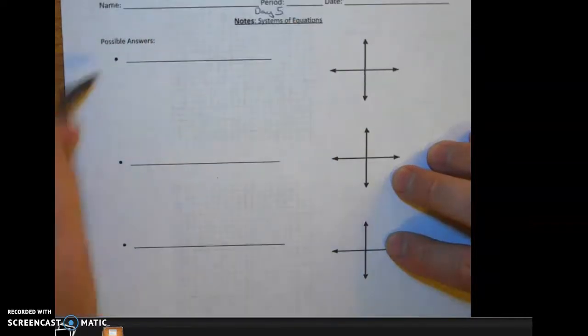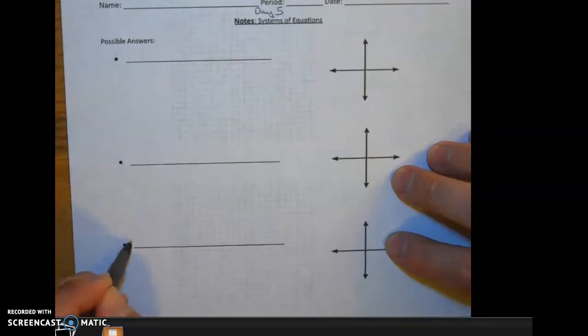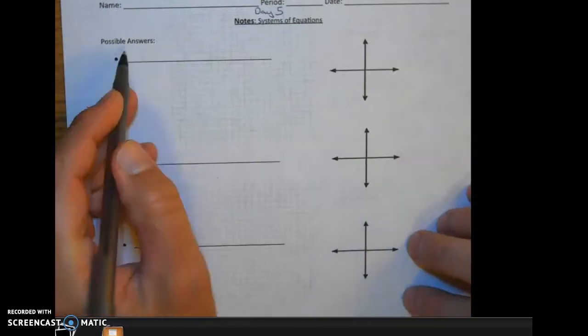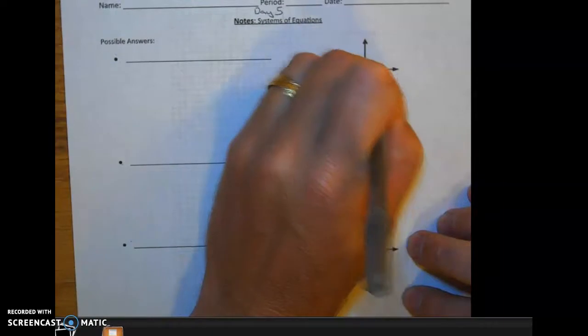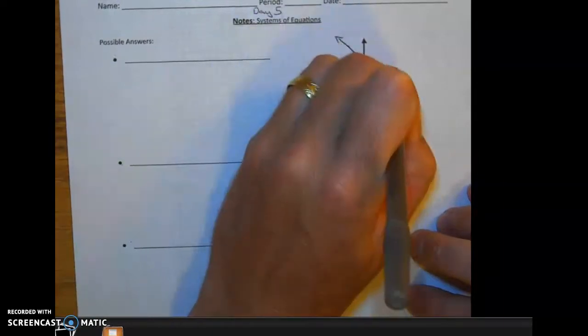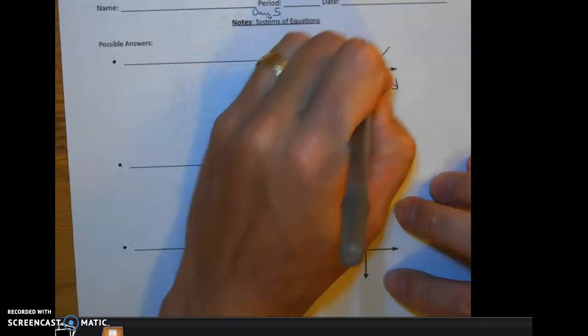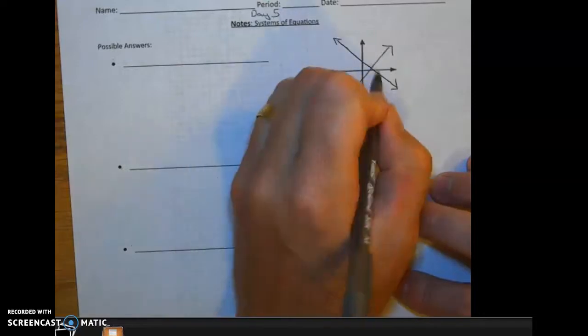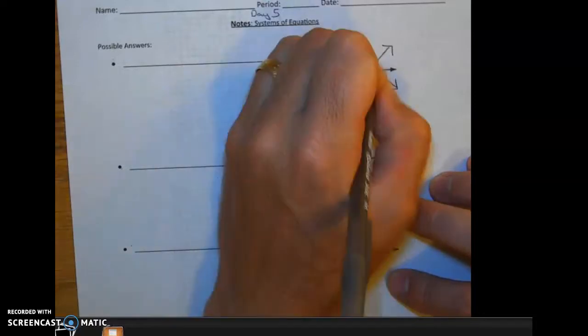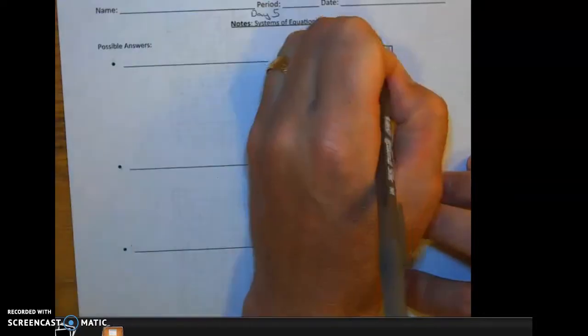So there's 3 possible types of answers that you could come up with. The first possible answer is probably the most common, and that's where we have a line and then another line, and they intersect at a point. This point right here is the solution.